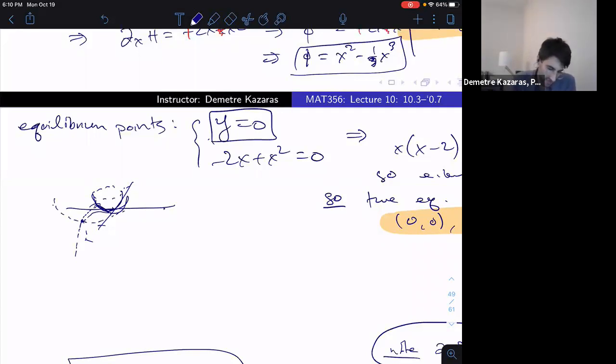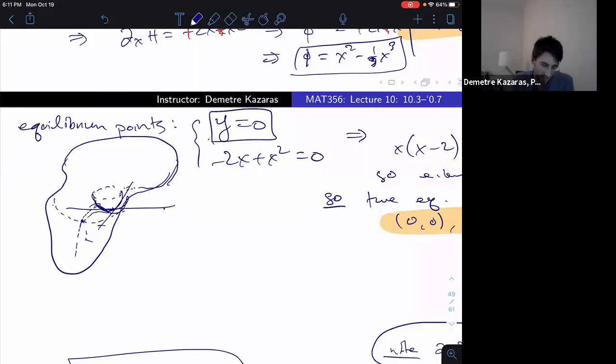So it looks like a bowl shape here, and then it looks kind of saddle-y. Your mileage is going to vary from this picture, but the point is you have a minimum at the 0, and then you have kind of curves.